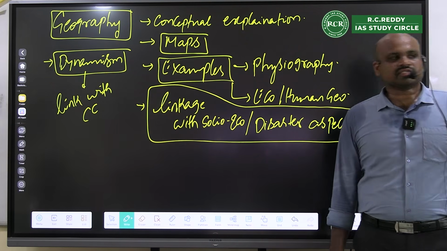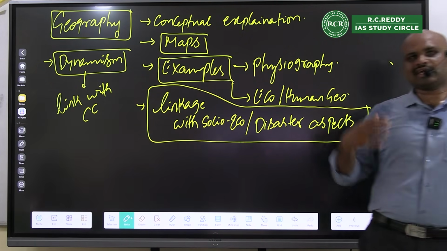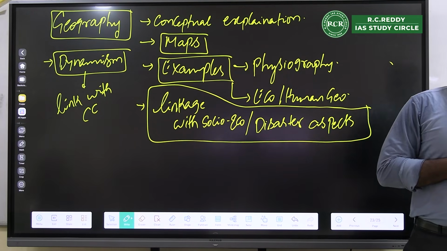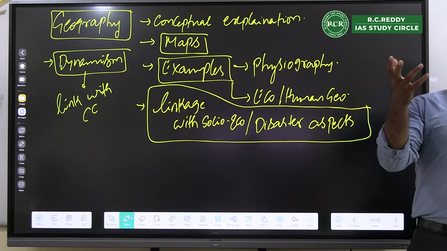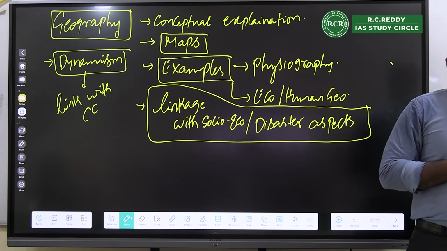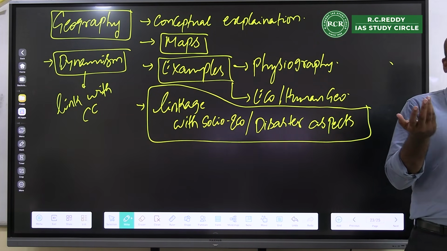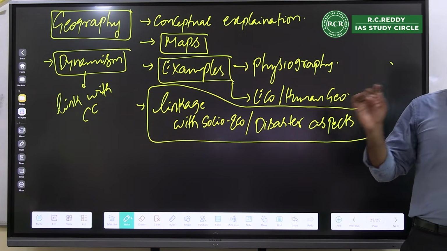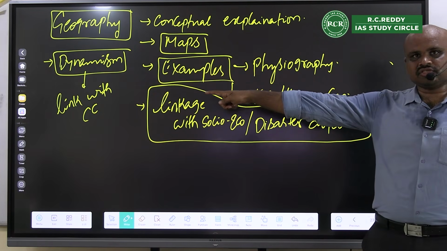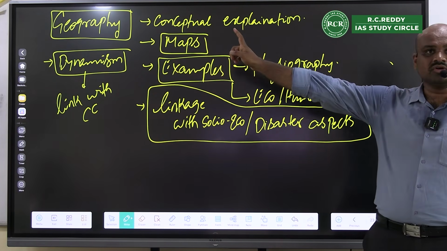For suppose if I am writing something on solar energy, don't you think I can also bring in the perspective of climate change in solar energy? Yes. Why? Because I can see extreme weather events and the solar cell efficiency being affected, because of which I will have to take necessary mitigation measures that I can bring in. So if I have to bring in a dynamic aspect, link it with climate change. This is with respect to geography.